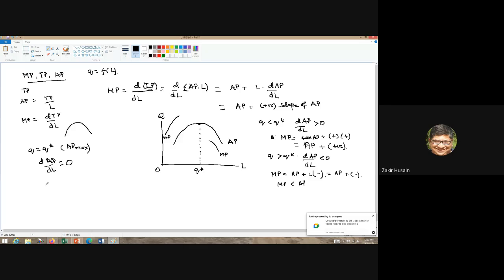It is 0. The slope is the tangent. So MP is equal to AP plus L into 0. So at this point, we have MP equal to AP.